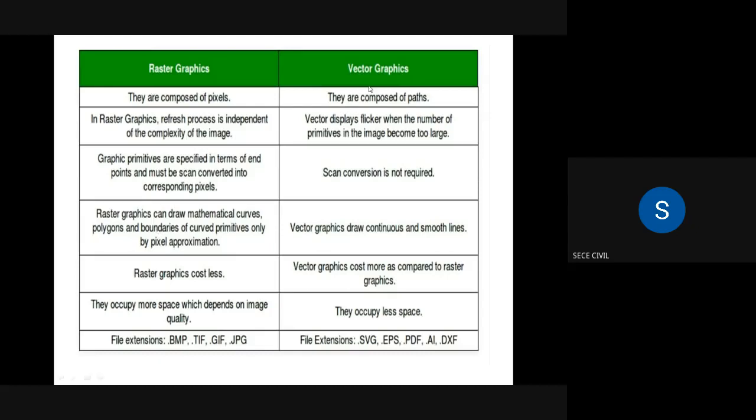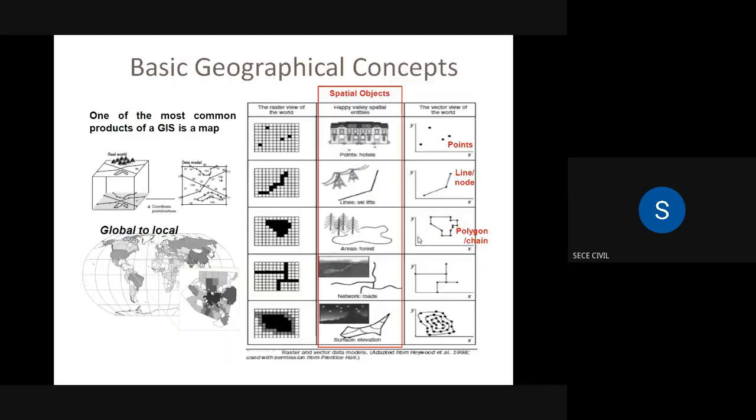But vector graphics draw continuous and smooth lines by using nodes only.